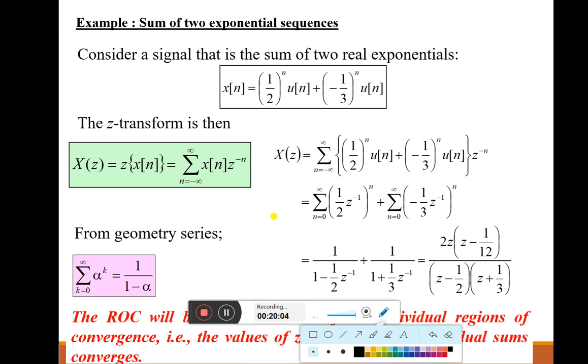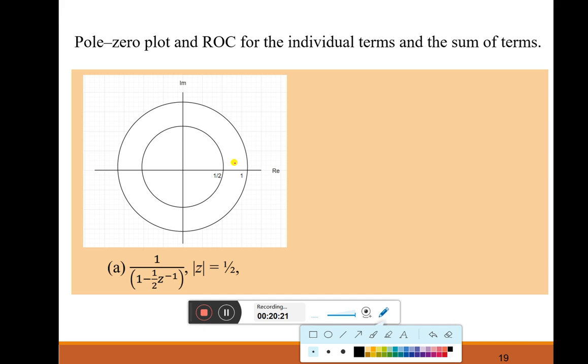Okay. So poles is bahagian denominator, bahagian bawah ni, and poles ada dua. So we look term by term. Okay, so pole zero plot and ROC for individual terms and sum of terms. So kita tengok yang pertama dulu.